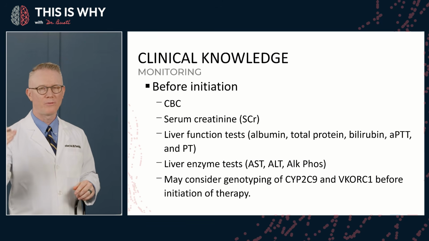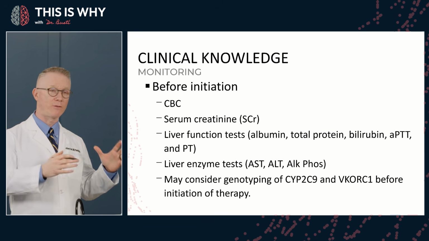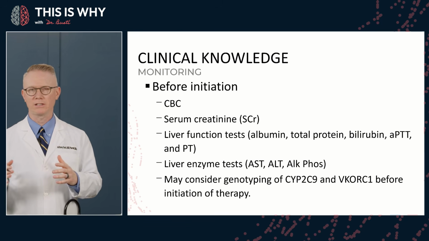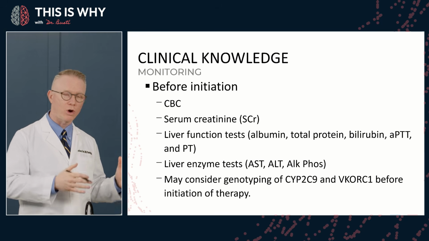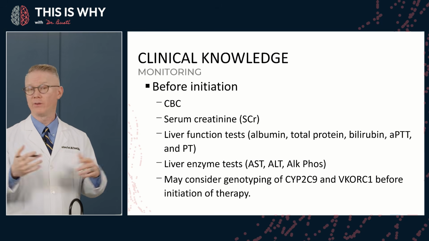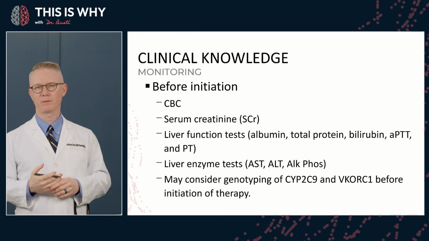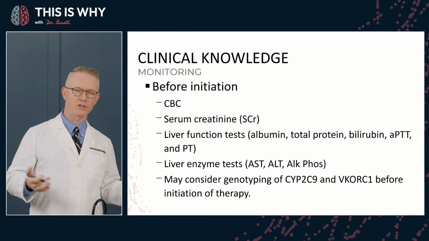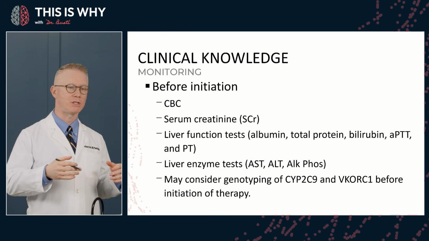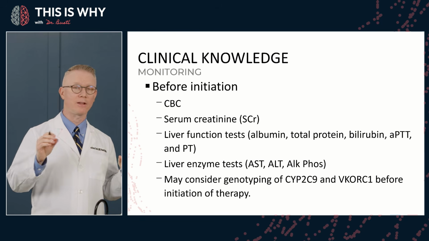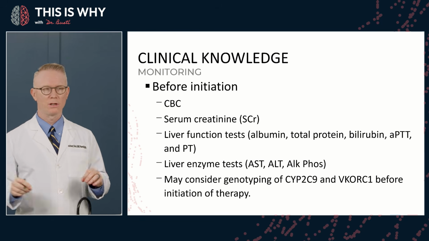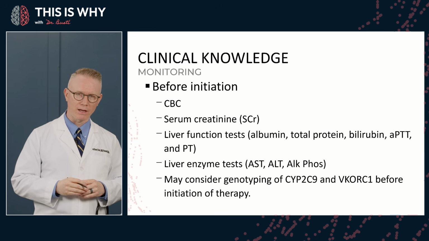What about the liver function tests and liver enzymes? Well, liver function tests are talking about the functionality, the work capacity of the liver to do its job, which is to make albumin and other proteins, but also to conjugate bilirubin so we can get rid of it. But it's also to make clotting factors that have to get functionally activated, right?